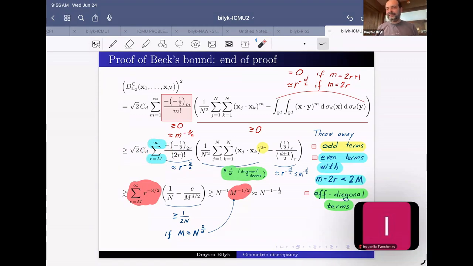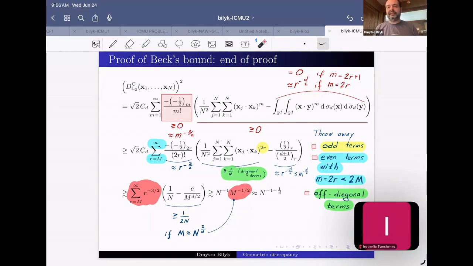But it's not surprising that you should throw away the first few terms, because initial terms can also be 0. Because look at this, this is a polynomial function. So you have the difference between the sums of points, and you have a polynomial function, and the integral with a polynomial function on the sphere.